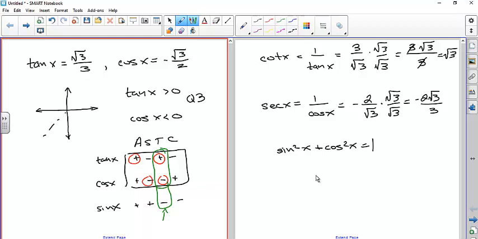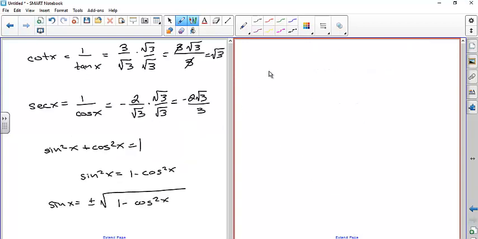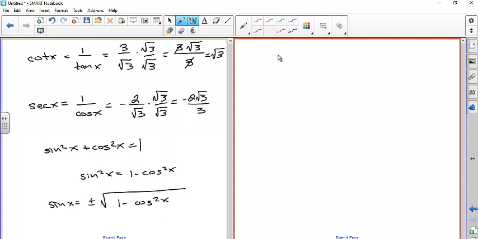So let's solve for the sine from the Pythagorean identity. So we get the sine squared equals 1 minus cosine squared, or the sine is equal to plus or minus the square root of 1 minus cosine squared. So we know what the cosine is. We just had it earlier. That's equal to the negative of the square root of 3 over 2.